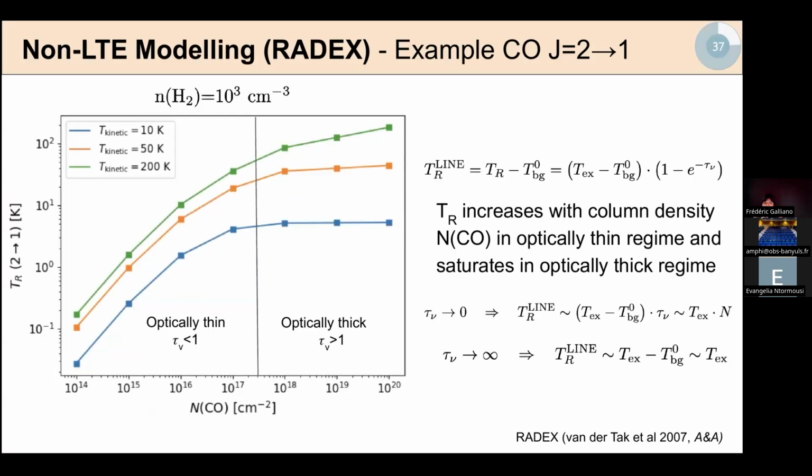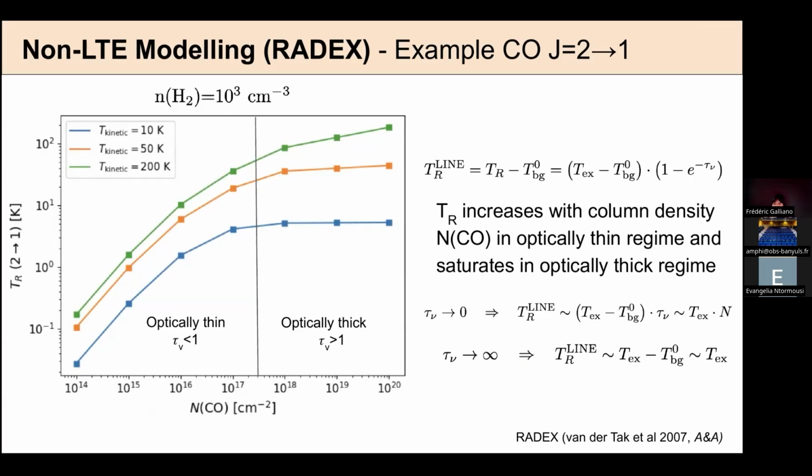Next, we plot the Rayleigh-Jeans temperature, or the brightness temperature, with respect to the total column density. We see that the brightness temperature increases with column density in the optically thin regime, because when you have more CO, you have more emission and more intensity.